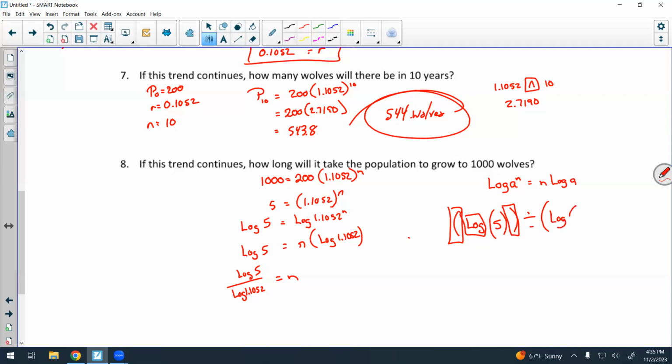Hit log, it'll open parentheses for you. 1.1052, close and close, and you should get roughly 16.9. Not 0.09 years. Any questions on that?